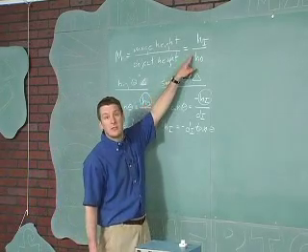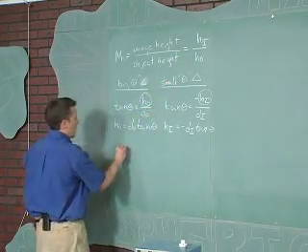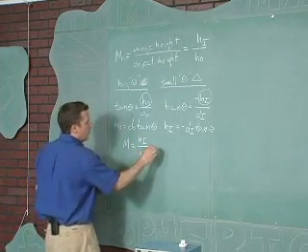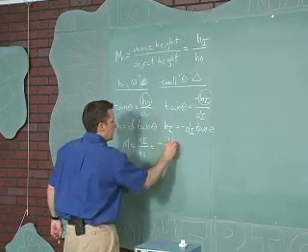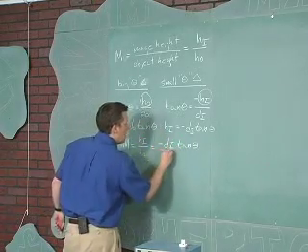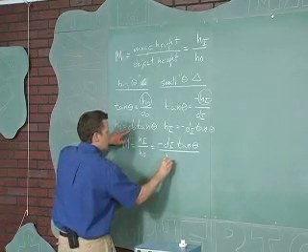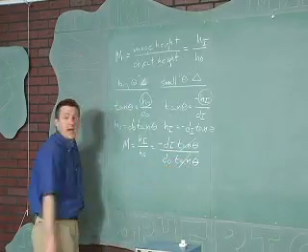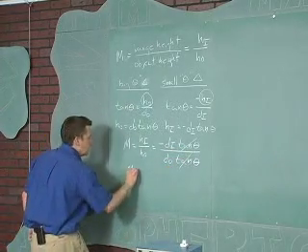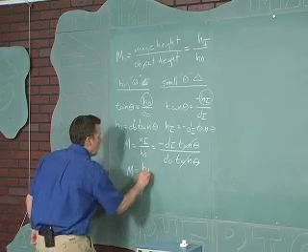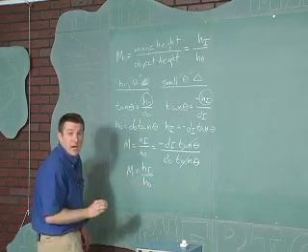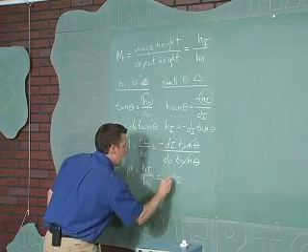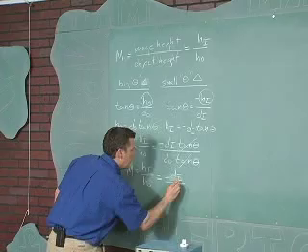Substituting them into our magnification expression, we end up with magnification equals h sub I over h sub O, which means negative d sub I tangent of theta divided by d sub O tangent of theta. And notice that the tangents of theta divide out, and we're left with a definition of magnification not only in terms of the heights, but also the distances.